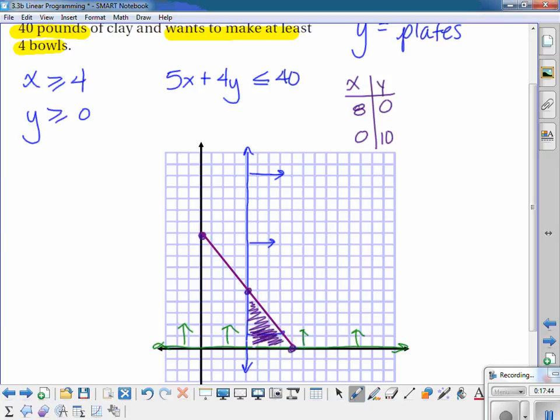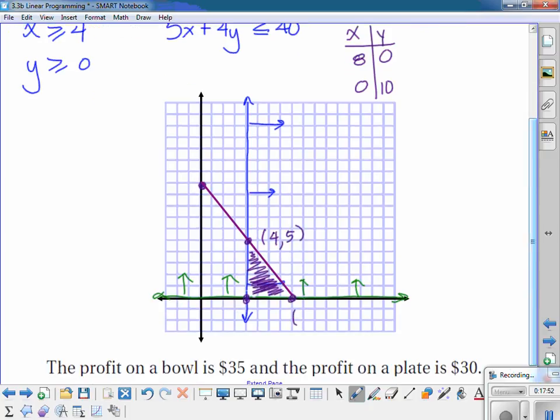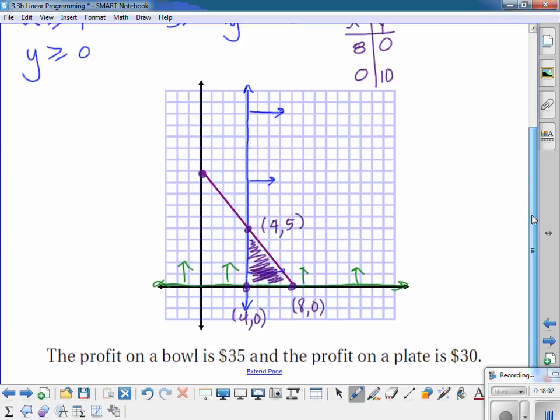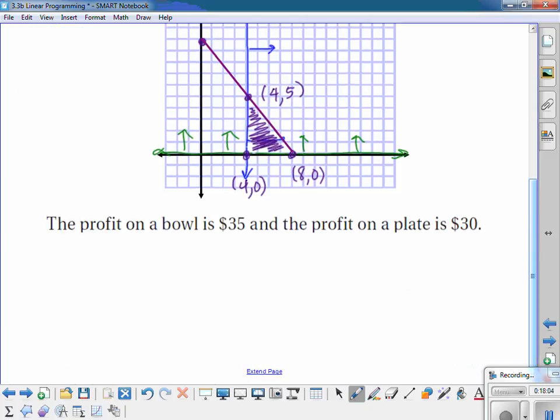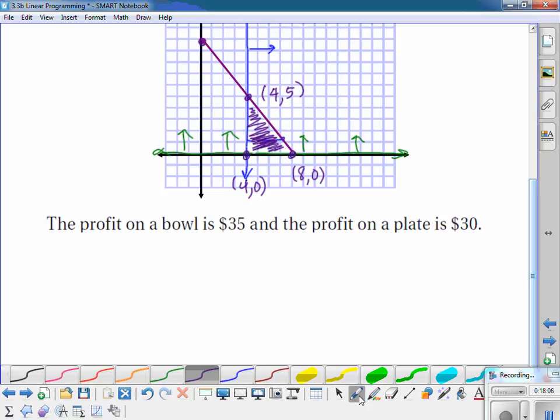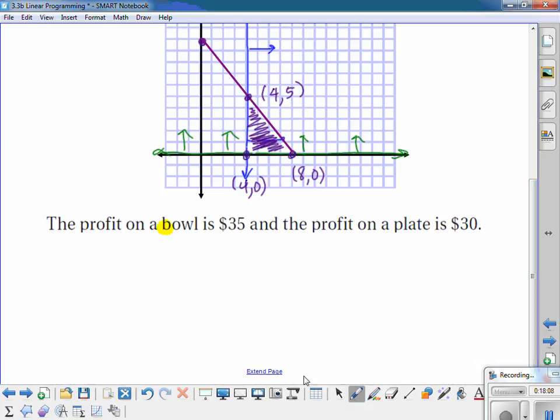So my vertices are at 4, 5, and 8, 0, and 4, 0. Okay, those are the points I care about, the vertices of my region. Now, what it said was that the profit on a bowl is $35, and the profit on a plate is $30.